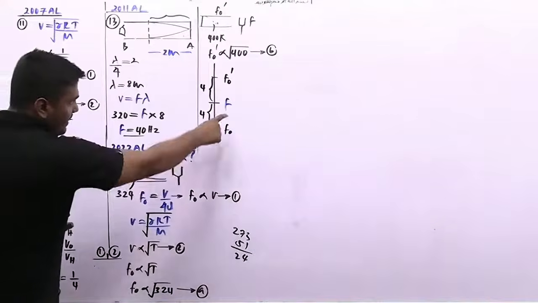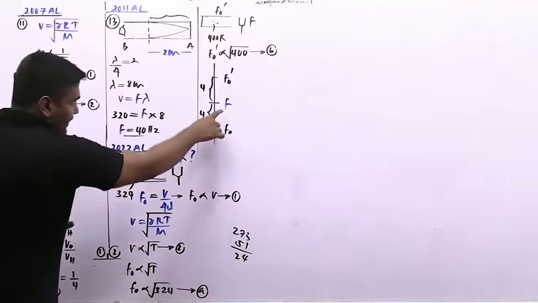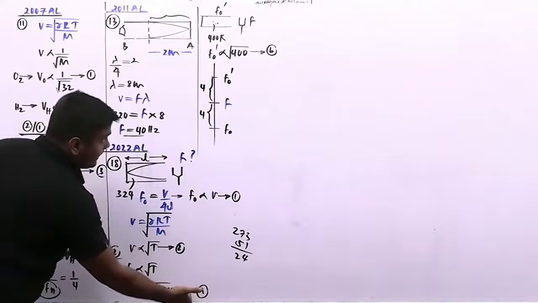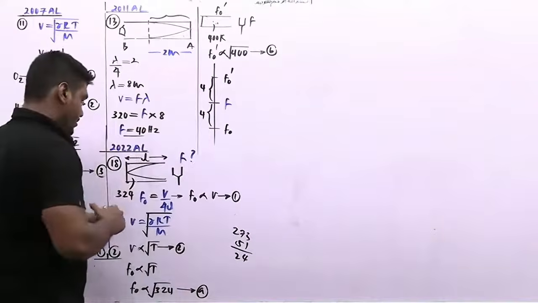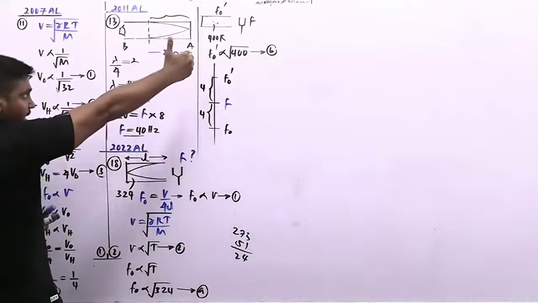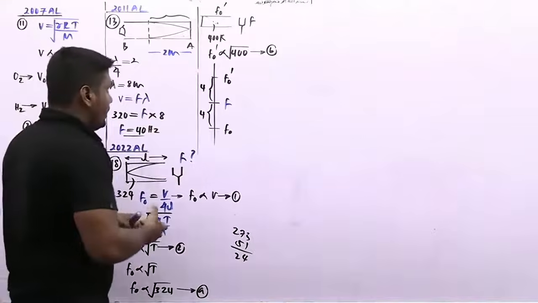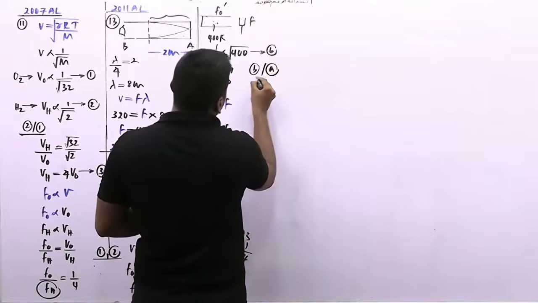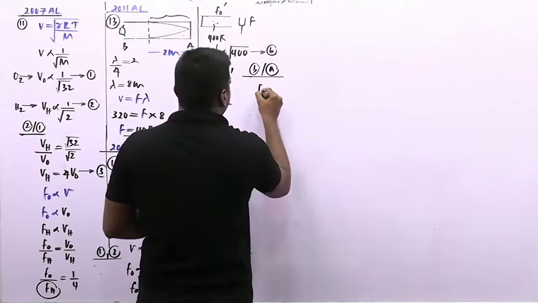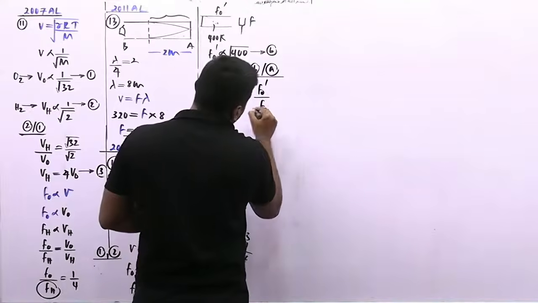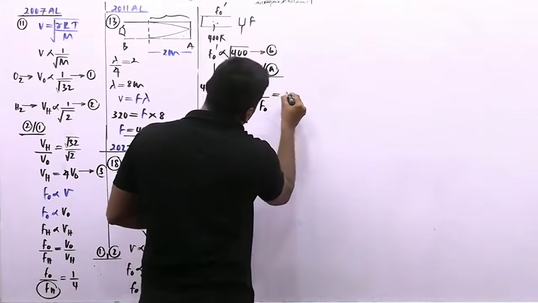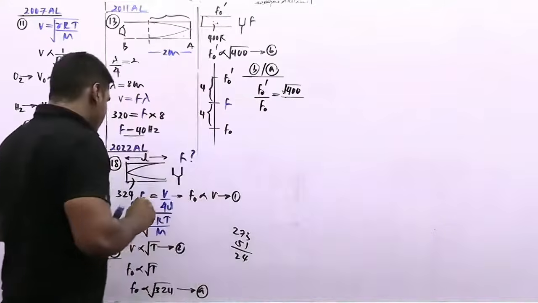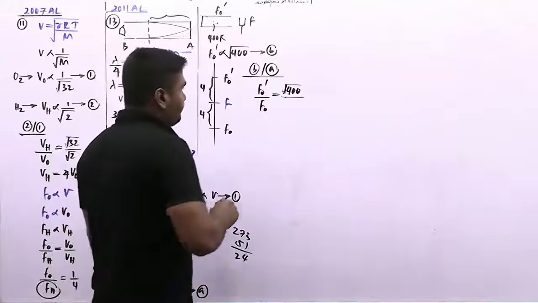My target is finding the tuning fork frequency. What can you do now? Divide proportionality B by proportionality A. F naught dash over F naught must be equal to root 400 over root 324.